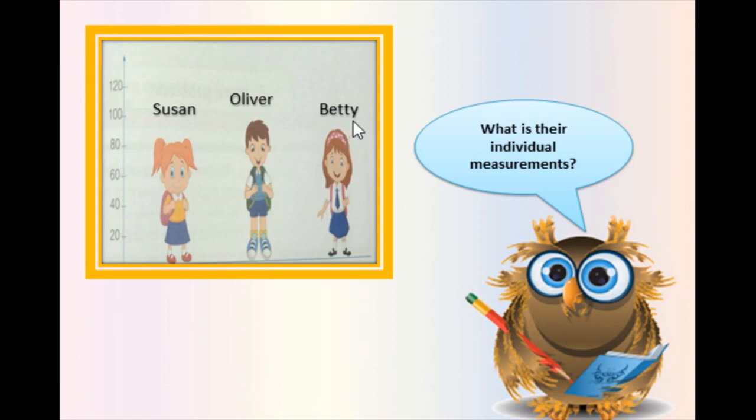And what is Betty's height? How are you going to look at their heights? Refer to the numbers beside, which starts from 0, followed by 20, 40, 60, 80, 100, and 120, all in centimeters unit.